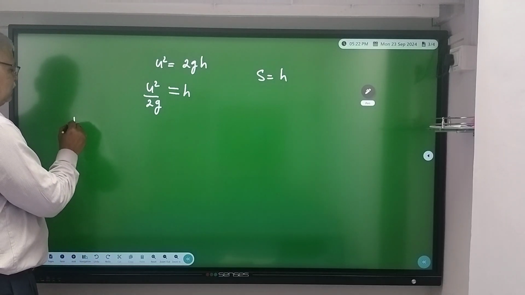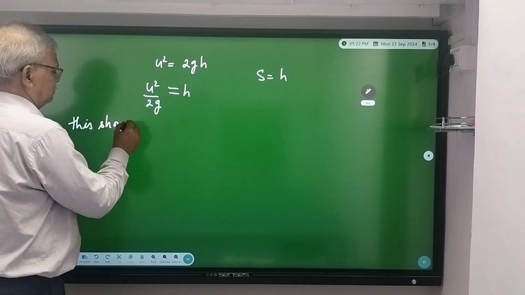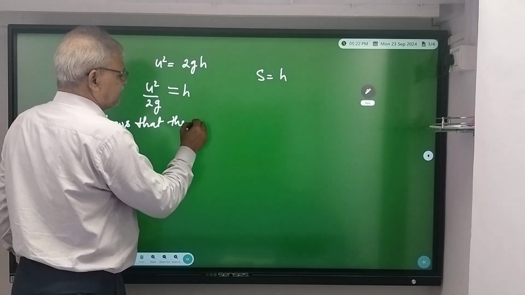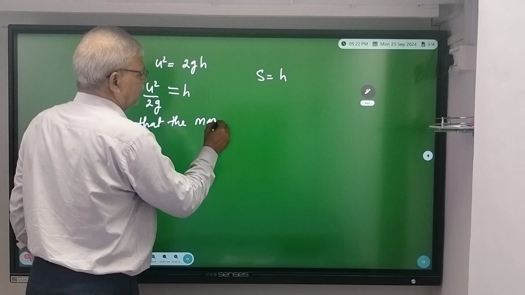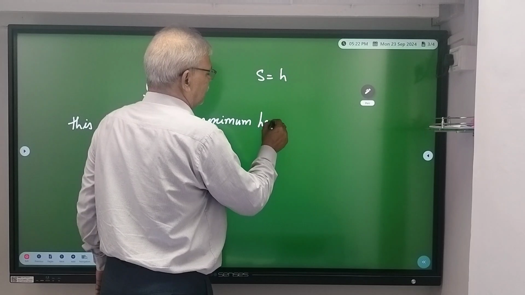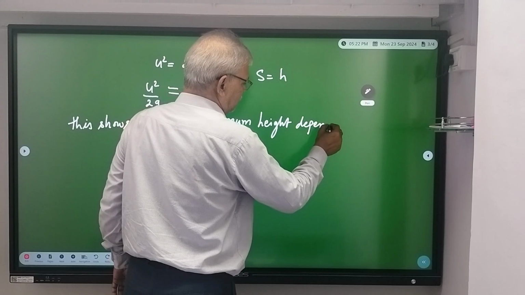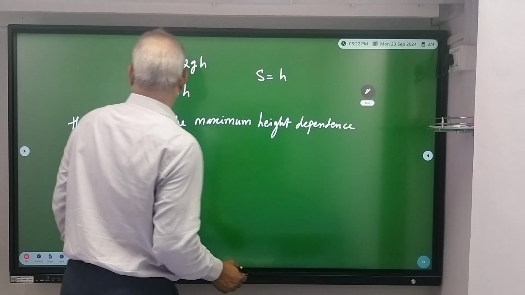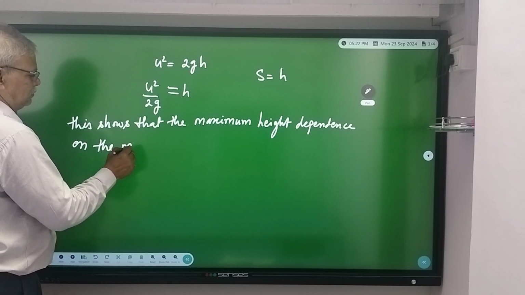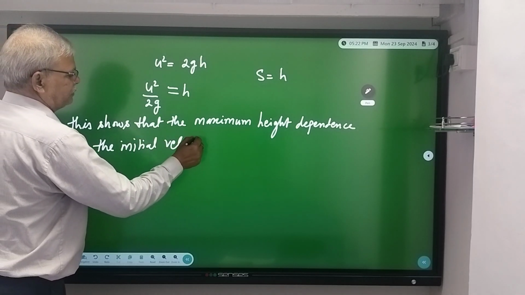This shows that the maximum height depends on the initial velocity.